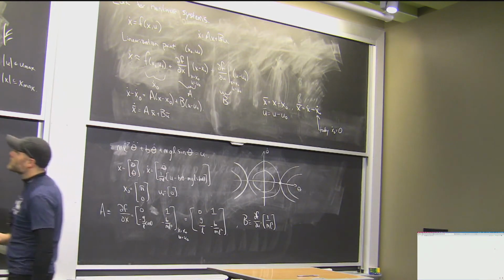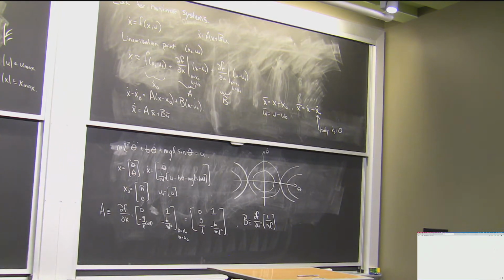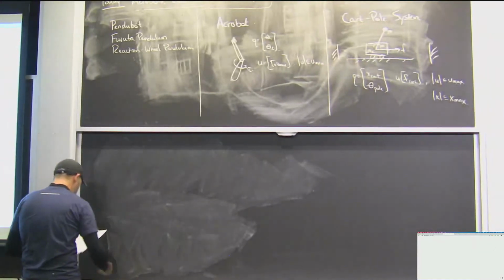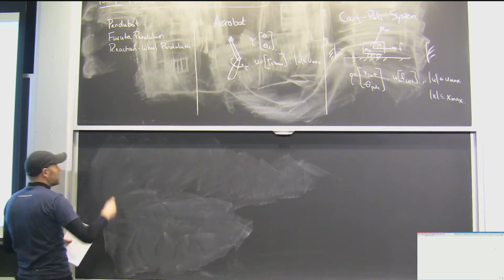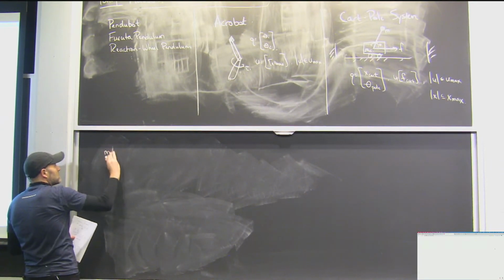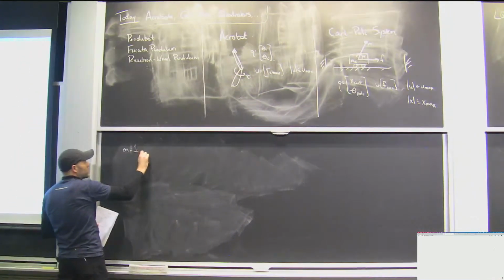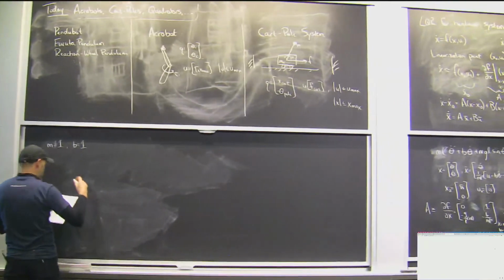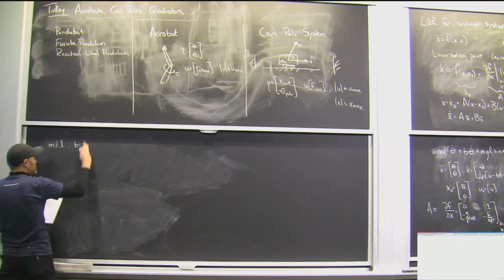Now, I'm going to go ahead and set m and L. I'm going to basically set all the coefficients to 1 because that's going to make me write less things on the board. So let's set mass equal to 1. Set the damping equal to 1. So actually, I'll set the damping equal to 0.